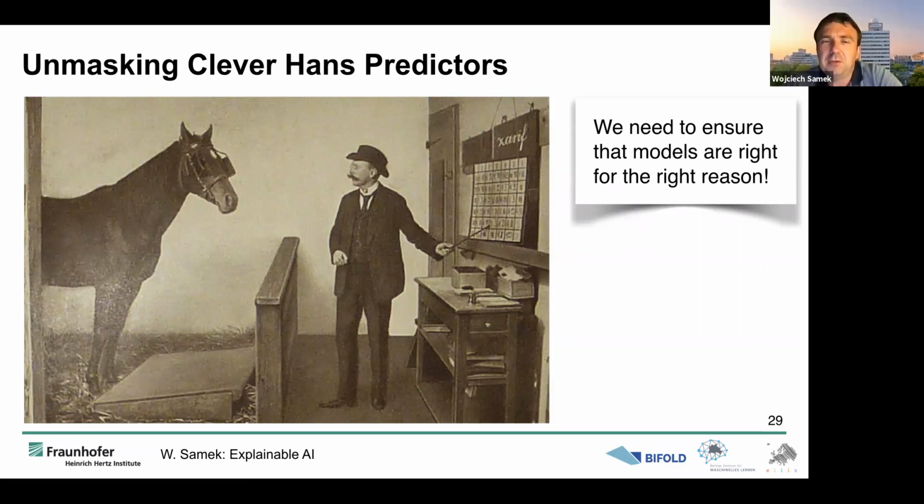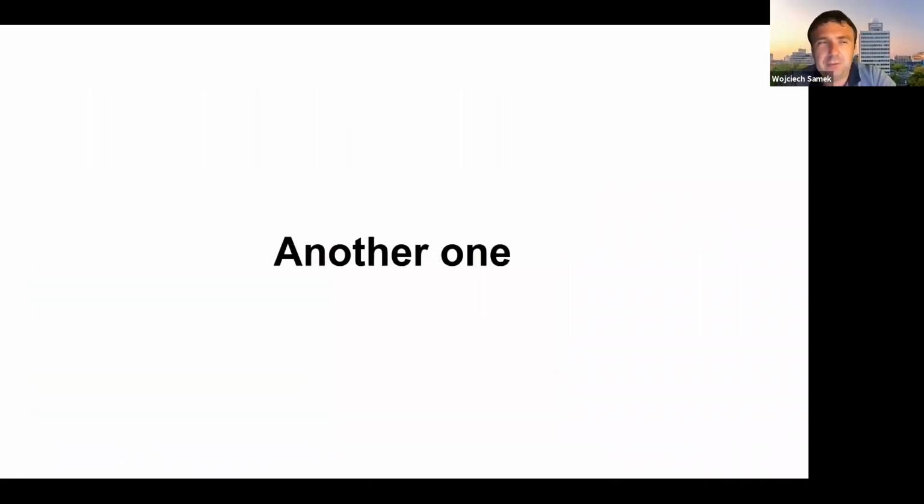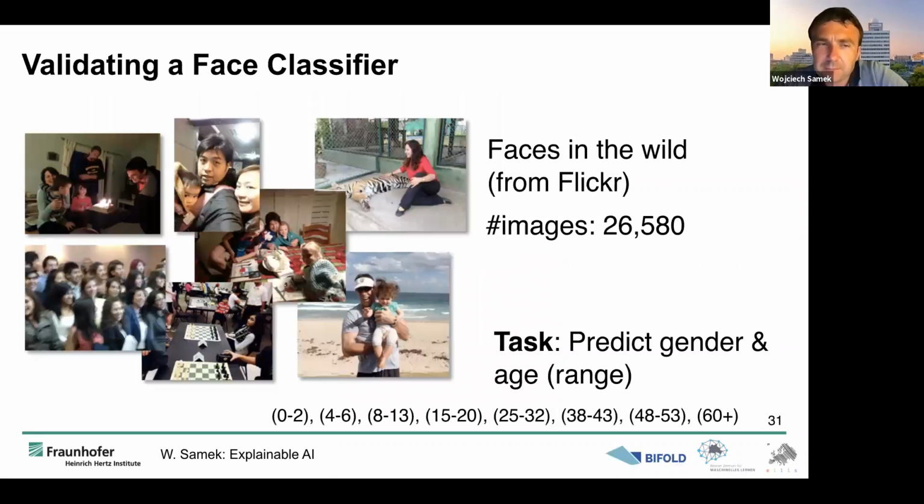People believed this horse could do math, but apparently it couldn't. I recommend to read the Wikipedia article on that. It's a really fun story. And we see a lot of Clever Hans predictors nowadays too.